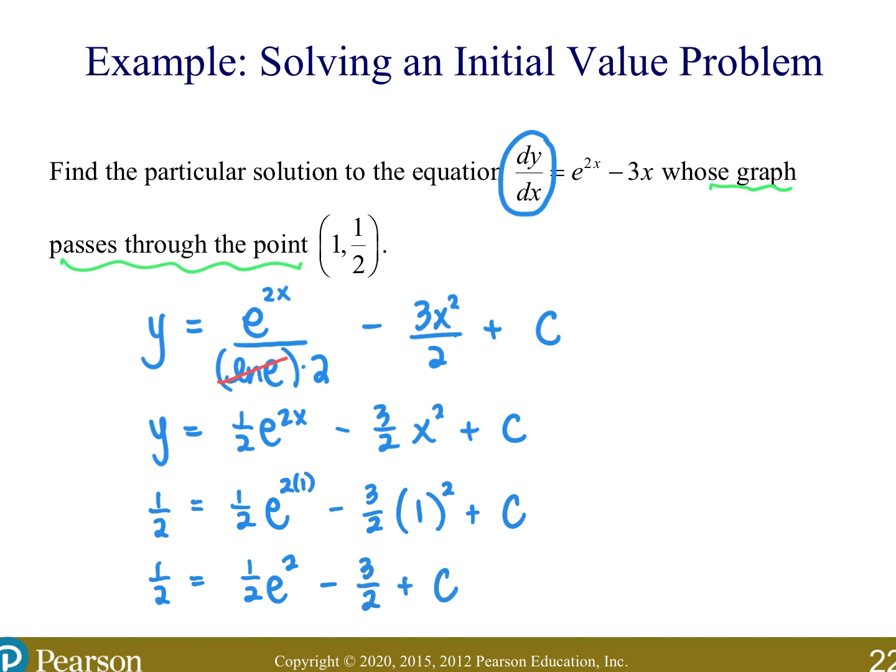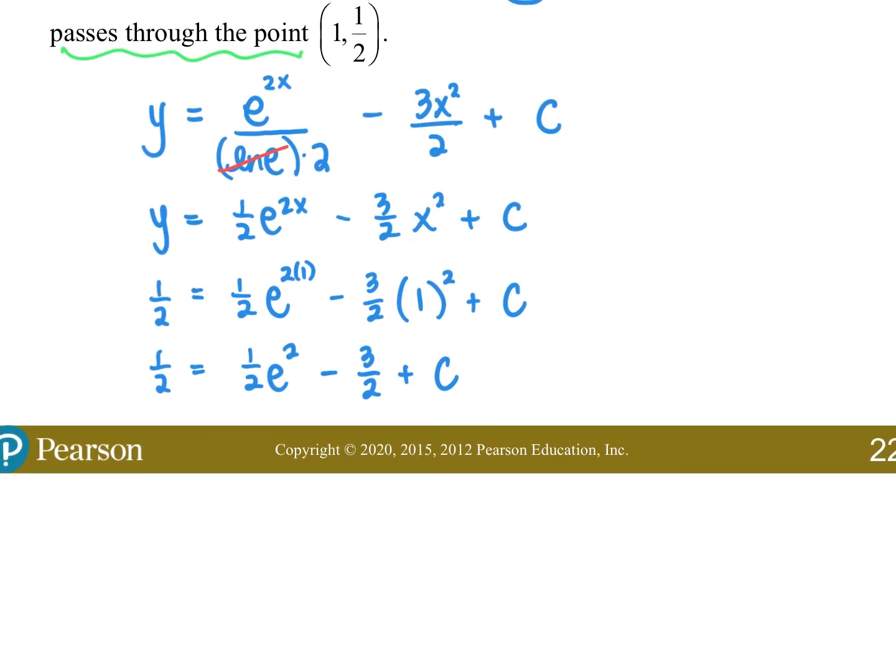So let's add 3/2 to both sides. That gives me 2 equals 1/2 e squared plus c. Now we'll subtract 1/2 e squared.